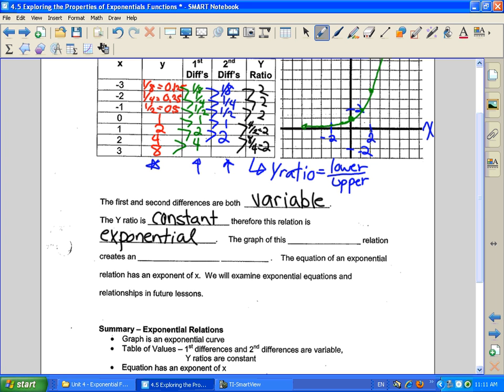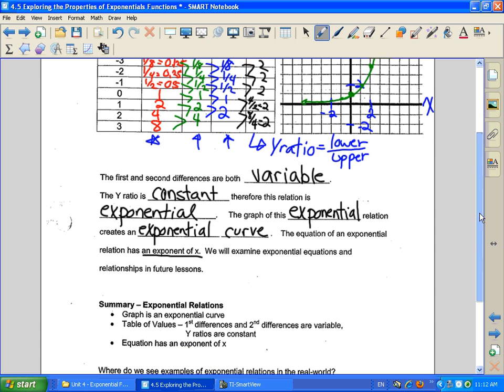The graph of this exponential relation creates what we call an exponential curve. Okay, the equation of an exponential relation has an exponent of x. Okay, we will examine exponential equations and relationships in future lessons coming up.